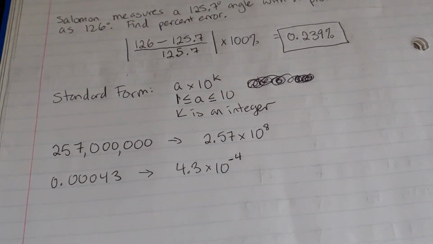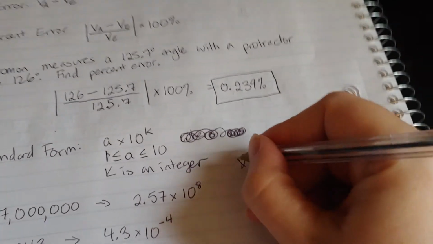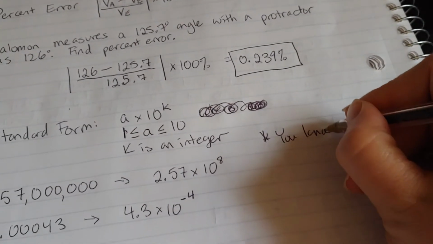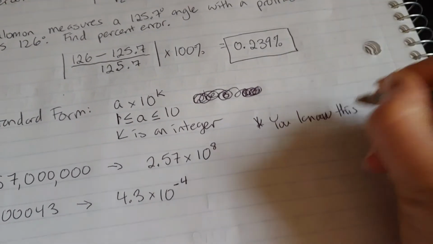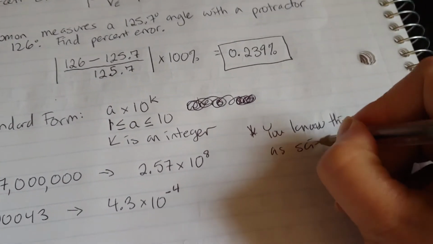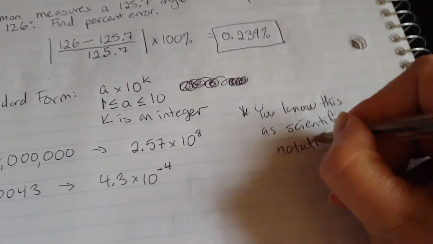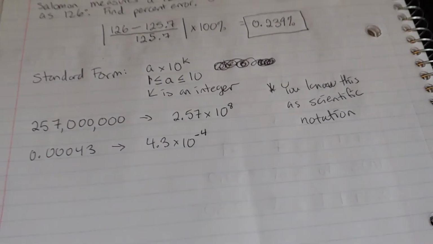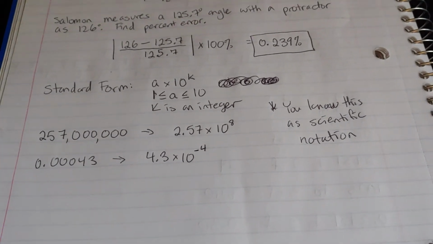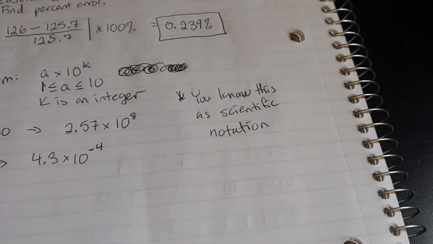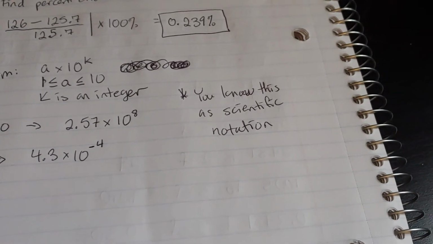So really important is that you know this as scientific notation. But IB may ask you to write it in standard form. Standard form is what you know as scientific notation.